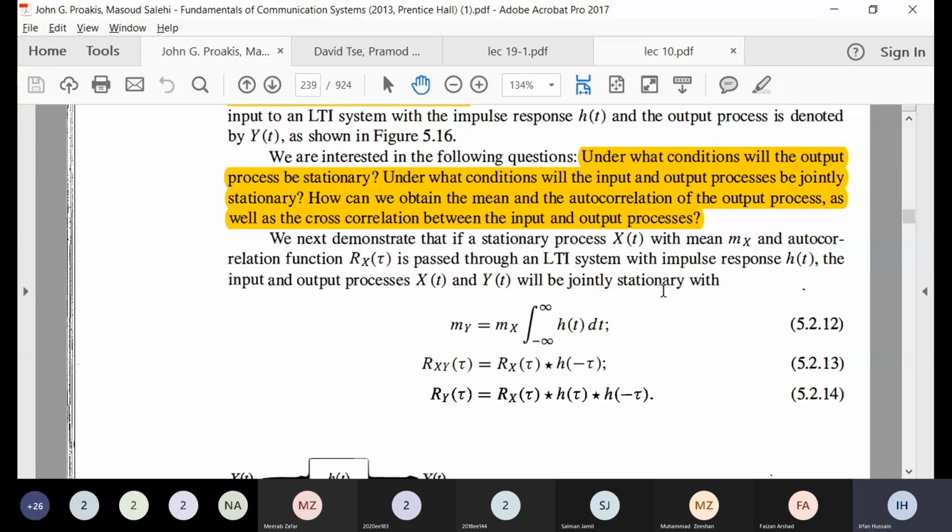So a stationary process enters. It has a mean of mx. Let us say its autocorrelation is already known, the stationary process that depends on tau. It passes through an LTI system with its impulse response h of t.